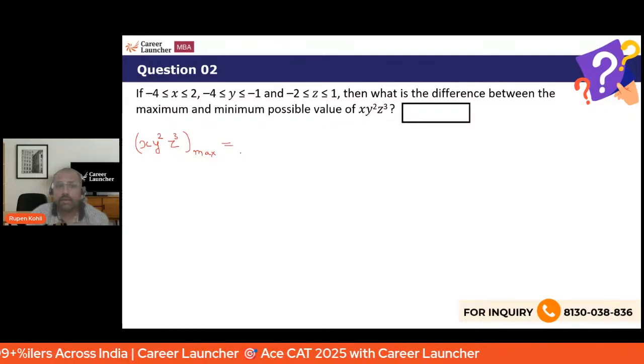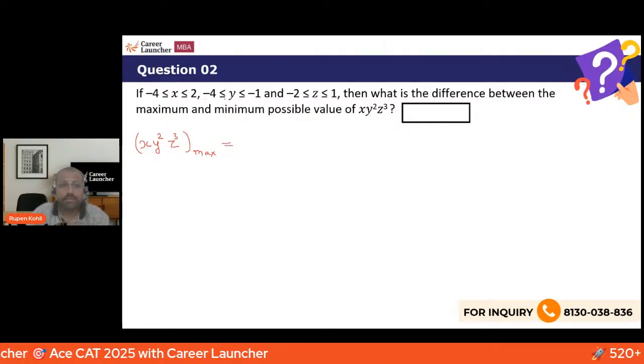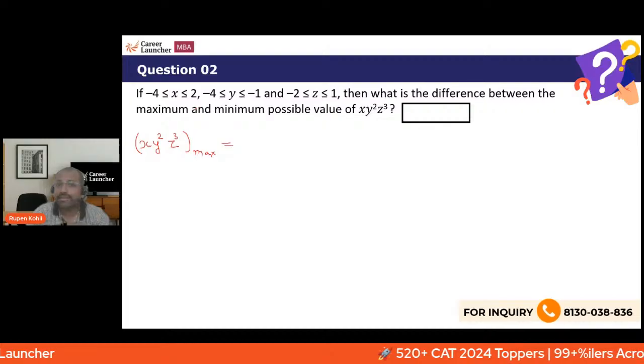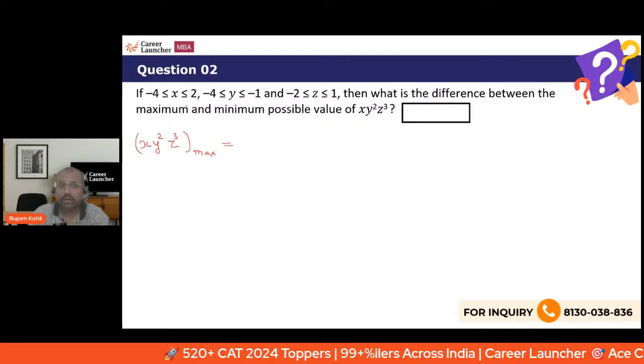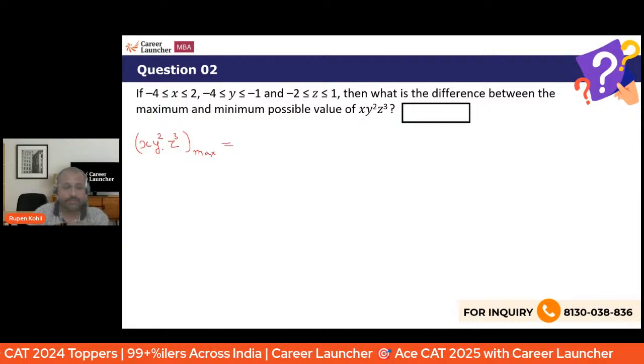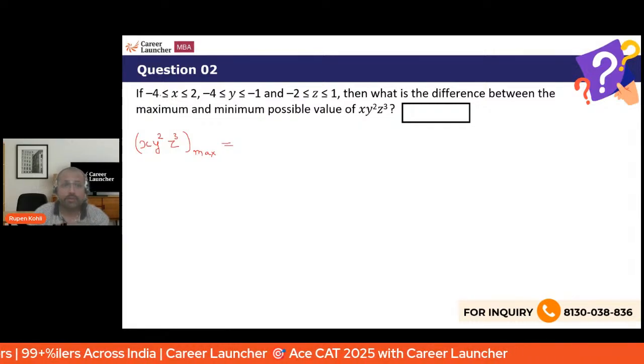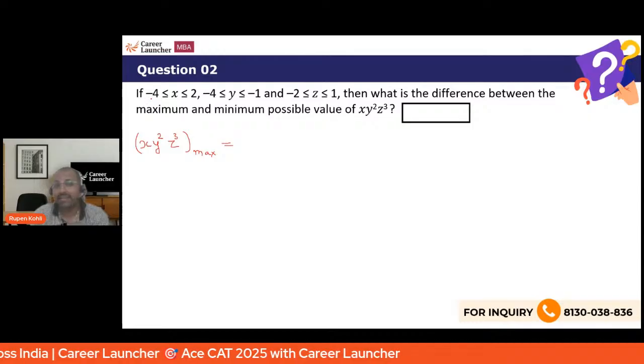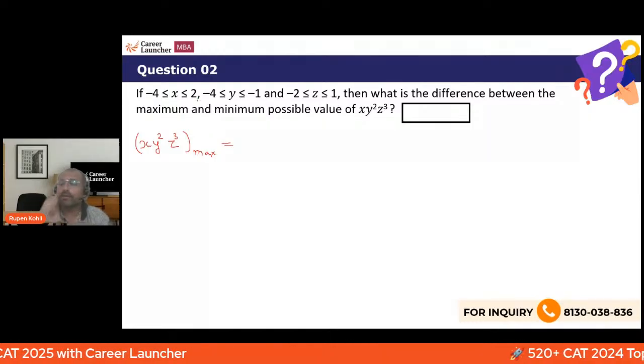We should avoid getting a negative value, right? Now the numbers are going in the negative range. Now if you're thinking that okay, I should take x as 2, to maximize this product, just rethink again. Why? Because -4 is higher in magnitude than 2. The magnitude is 4.